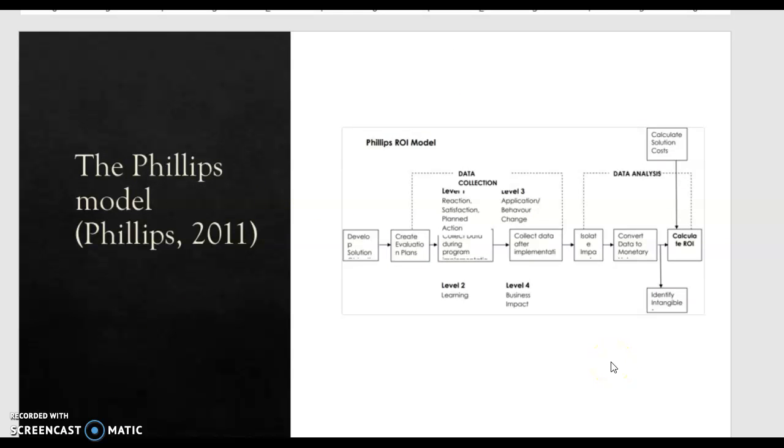To take one step further, to calculate the benefits or the value of the instructional design, Dr. Phillips has refined the model of Dr. Kirkpatrick by adding two more steps. The first one we can call level 0. It's the inputs, the development solutions, and the last one is calculating the return on investment and using that to decide the benefits of each project.